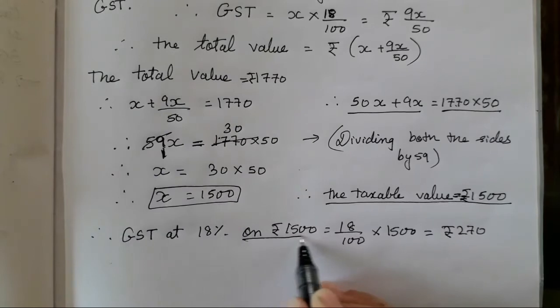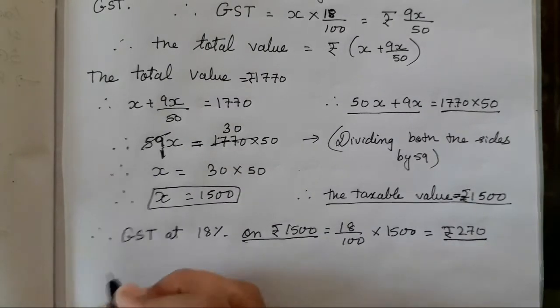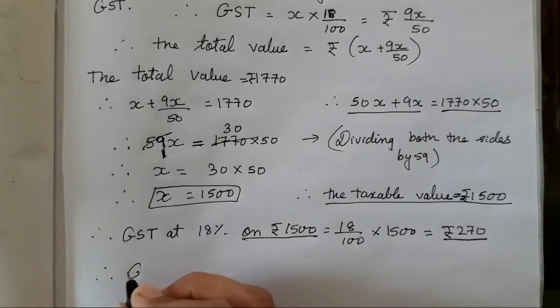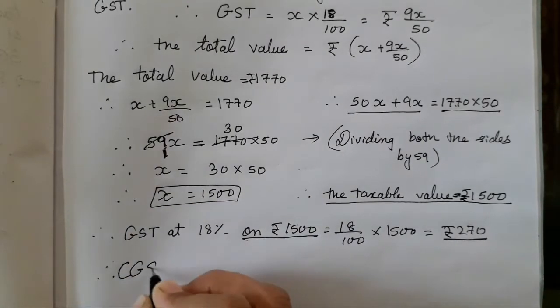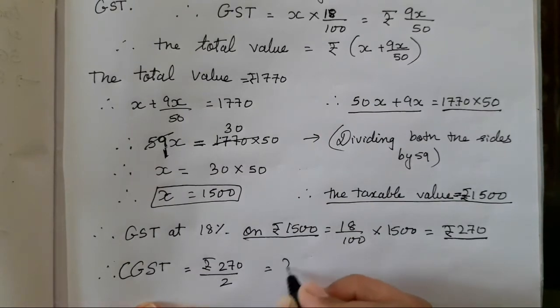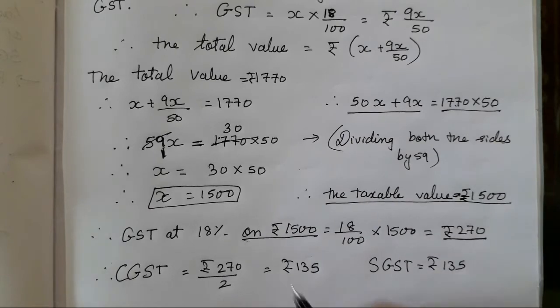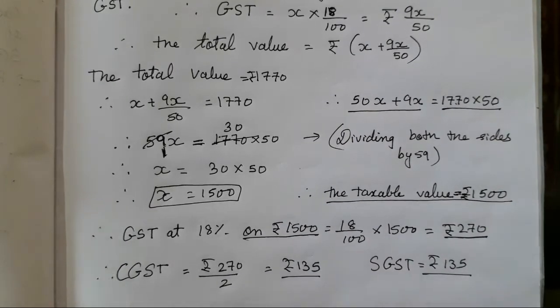Got it? So on this much amount, you all have to pay GST as 270. Now CGST is equal to rupees 270 upon 2, that is rupees 135, and SGST is same as CGST, which is also rupees 135.